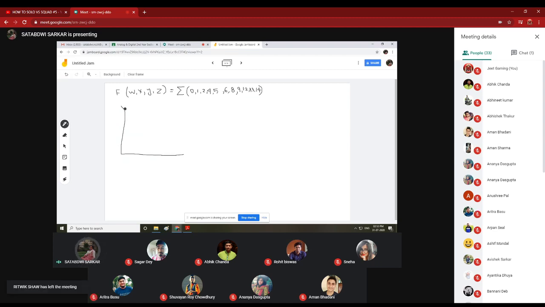Now we have to put the values directly into this K-map. So this is a 4 variable K-map.